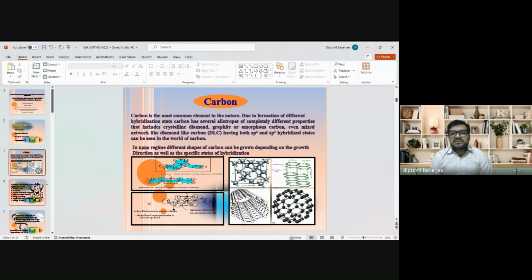For example, sp3 diamond is the hardest material with a very wide band gap, while in contrast, sp2 hybridized graphite is a lubricating, metallic, two-dimensional material with zero band gap. Carbon has another unique property: it can be tuned into every possible shape, like zero-dimensional quantum dots, one-dimensional carbon nanotubes, two-dimensional graphene, three-dimensional diamond, and others.